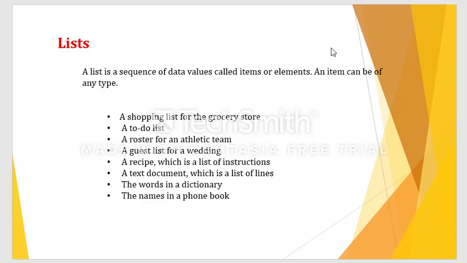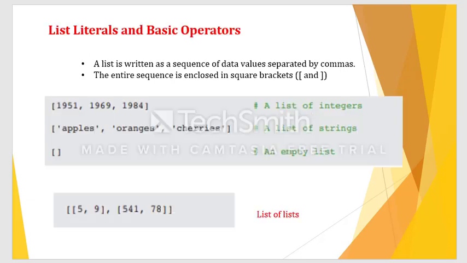So all the things enclosed between square brackets we treat as a list. That is the basic definition and syntax for writing a list. We already covered this in your first chapter, so I'm not concentrating on that. But if you still have any doubt regarding this, we can simply see this.